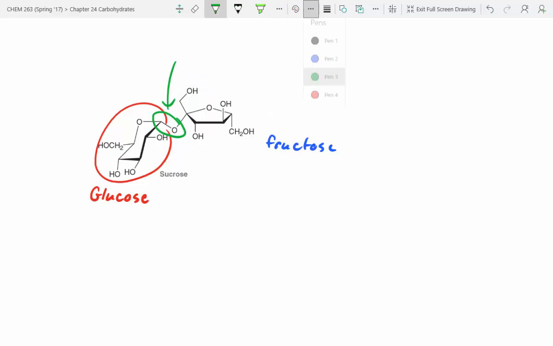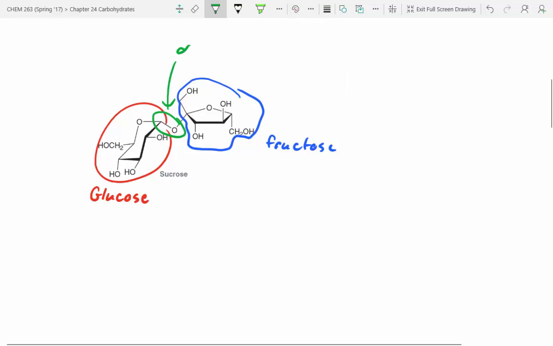But what sort of linkage would that be? 1,4 alpha. Be an alpha, right? Coming off of the glucose, you always look at the anomeric carbon, and that's an alpha position, right? So this would be an alpha linkage. And that's why sucrose is so easy for people to digest.